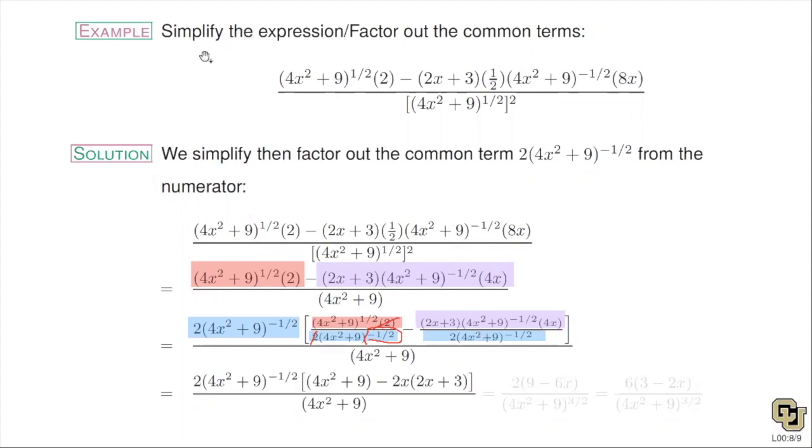Over here with the second term, we can cancel the 4x squared plus 9 to the minus 1/2 completely because it appears in the numerator and denominator. And then this 4, I can cancel the 4 with the 2 down here and replace that 4 with a 2. So the second term should be 2x times 2x plus 3, which is exactly what we have.